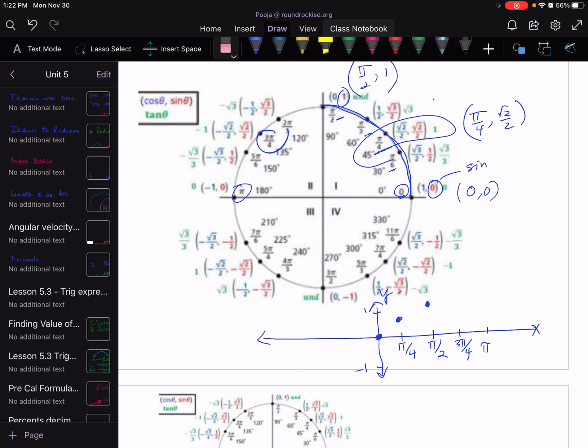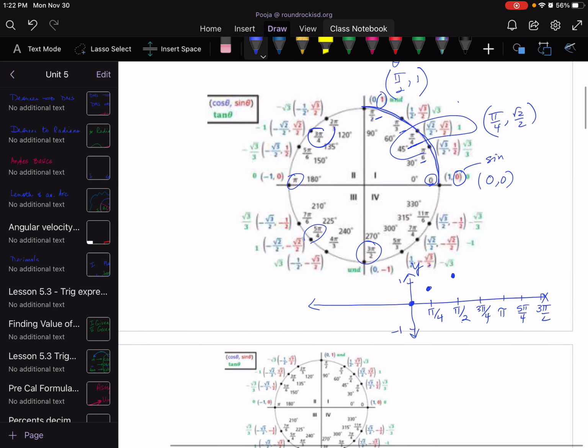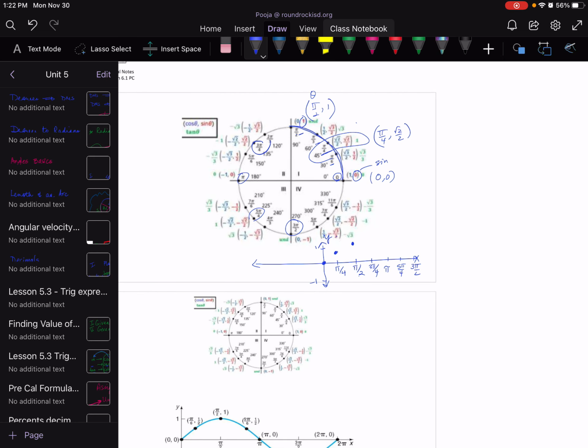Then I pick the middle one, which is 5 pi over 4. And then I want to pick 3 pi over 2. If I continue this, then I have 7 pi over 4, and I'm just choosing the major ones. And back to 0, which can also be referred to as 2 pi.